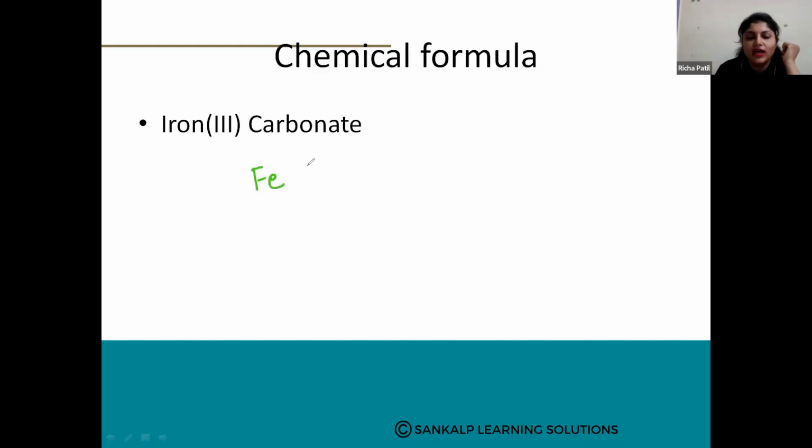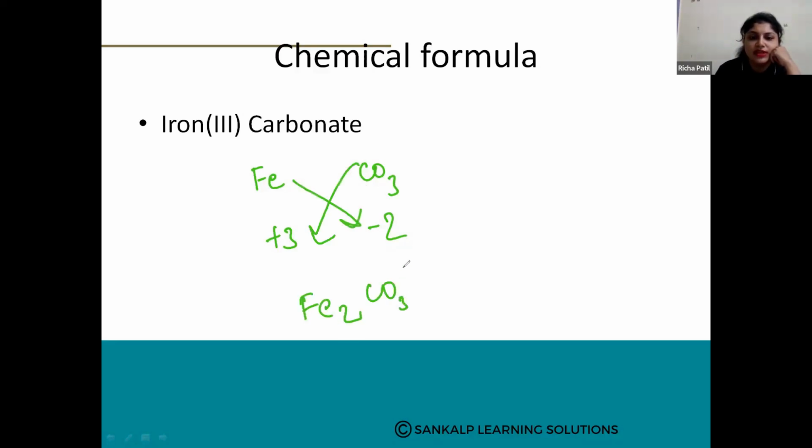Carbonate is CO3. The charge for iron is +3, carbonate is -2. So crisscross, it becomes Fe2(CO3)3. Understood? So the main thing is you need to remember the charges. Once you know the charges, then you'll be able to write the chemical formula.